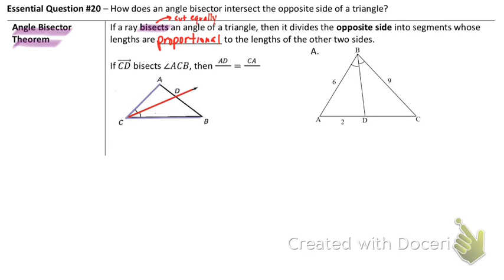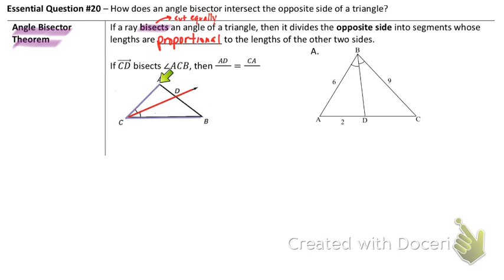When this happens, we can then set up a proportion, two fractions equal to each other. And the way we're going to set up the proportion is pretty simple. When this happens, we can take this side here, the side that's across from my bisected angle, and it gets split into two segments.